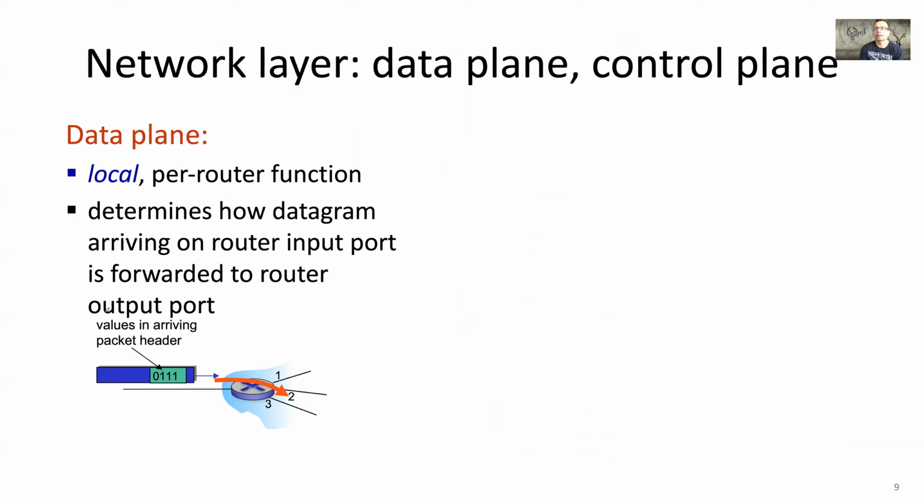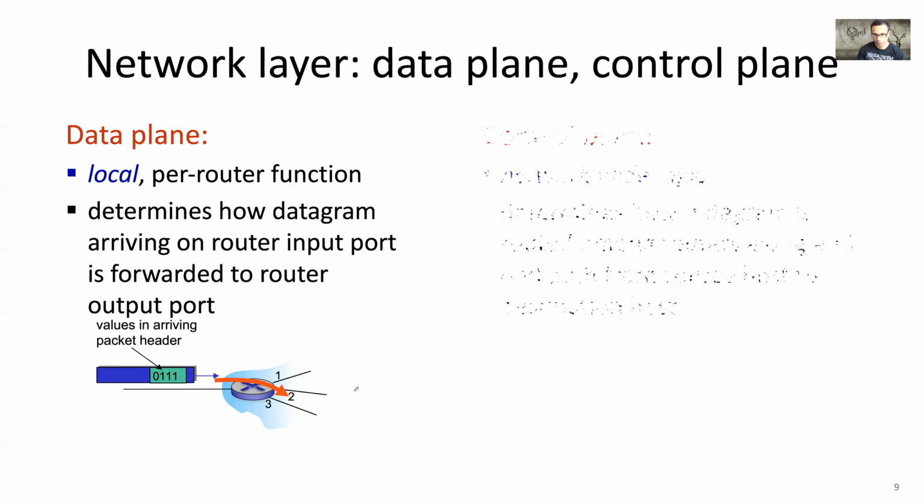Based on that, when we are studying networks, the general terminology we use is that whatever happens on the critical path as a packet is being moved is referred to as the data plane. This is basically what's done in forwarding. It's a per-router function, and the goal is simply to figure out which outgoing link or which outgoing port the packet should go out to.